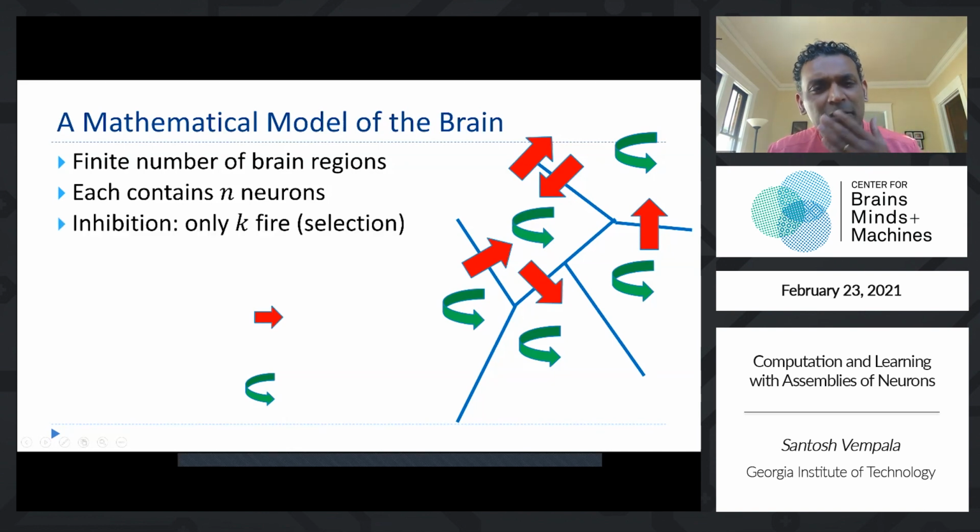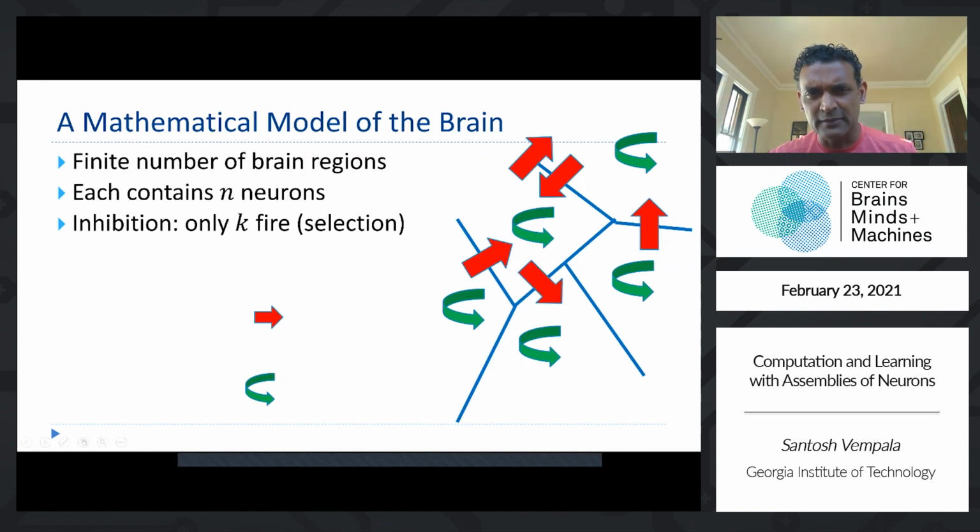And the following very important principle will be in play throughout: in any brain area, at any given point, only k of the neurons are firing. So neurons we think of as just on or off. They're either firing, at 1, or they're off, at 0. And k, something significantly smaller than n, will be a cap on how many are firing at any given time.